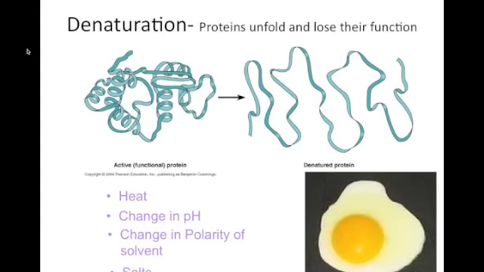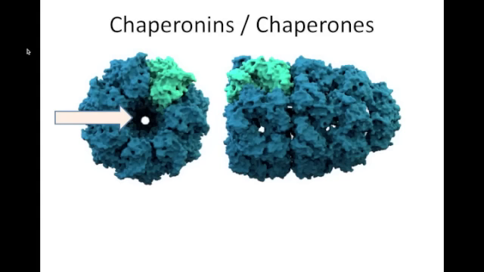All right, the next word in your notes is chaperonins or chaperone proteins. These are protein structures, and you can see they have a hollow center, and their job is to help proteins to fold. So that polypeptide will actually go into the center where the arrow is pointing. We're looking at the end view there, whereas the other one is a side view.